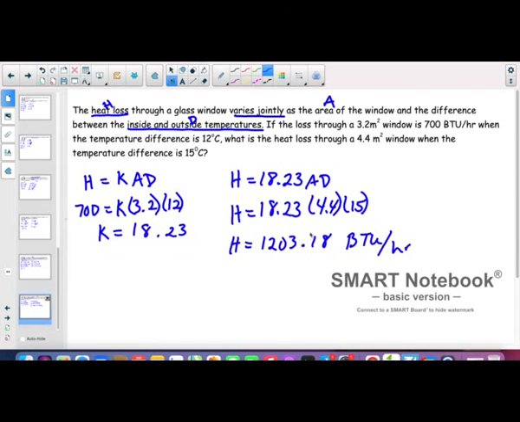So if we're trying to find the heat loss, we just multiply these three things together. And that gives us the heat loss is 1203.18. I rounded to 2 decimal places again. And then notice here, it was BTU per hour for the unit of measure for the heat loss. So that's the unit of measure I use here, BTU per hour.